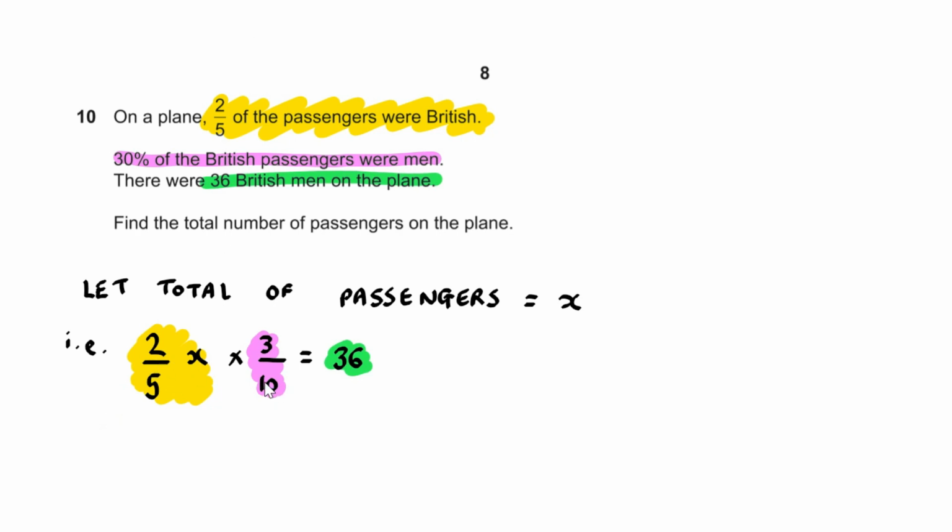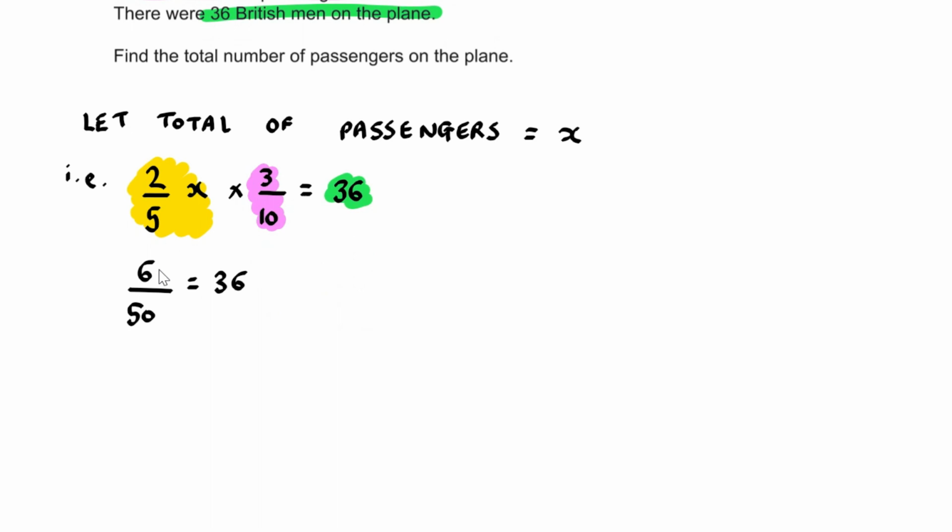So we have here 6/50, so we've got 6x/50 equals 36. And if I divide through by 6, you can see that x/50 is equal to 6, and therefore x is equal to 300.